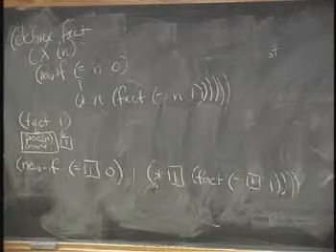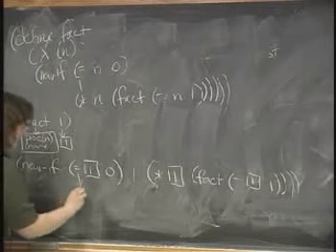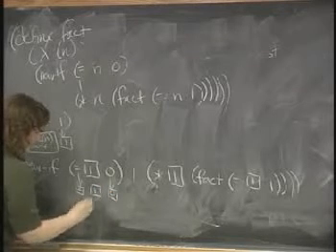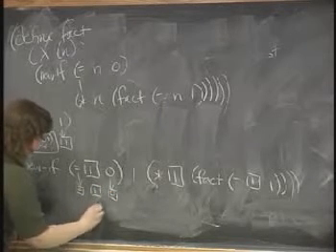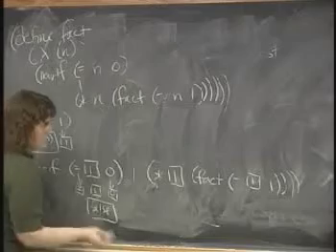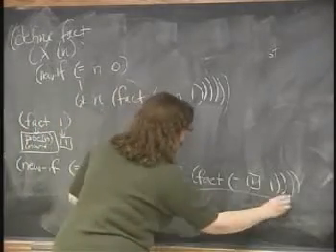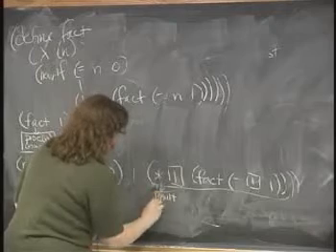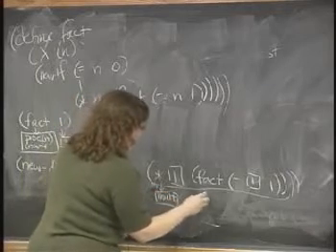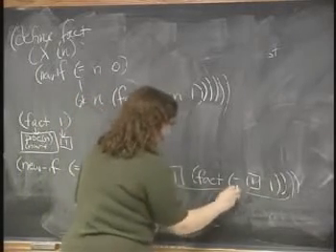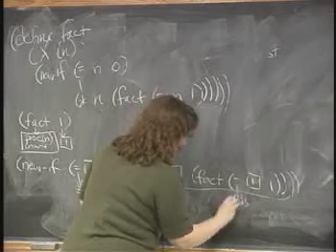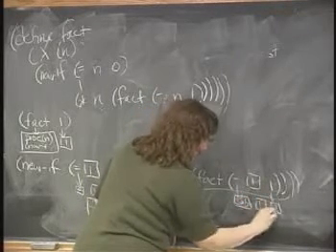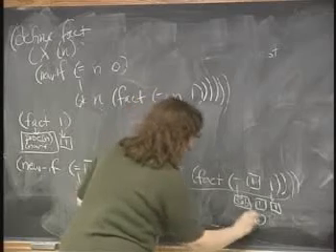Remember, it's not a special form anymore. This is false. Let's evaluate this one. This is mult. And then this is a sub-expression here. We need to do that first. Subtract 1 from 1, which gives us 0.